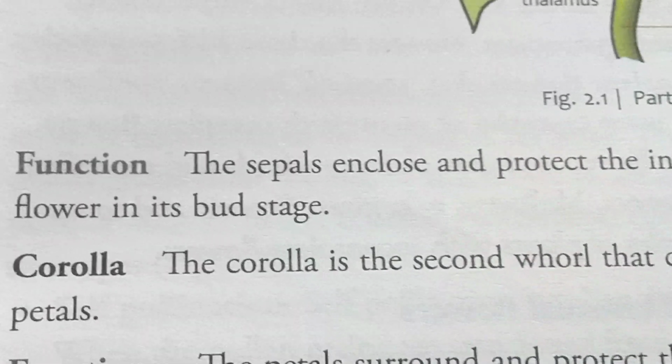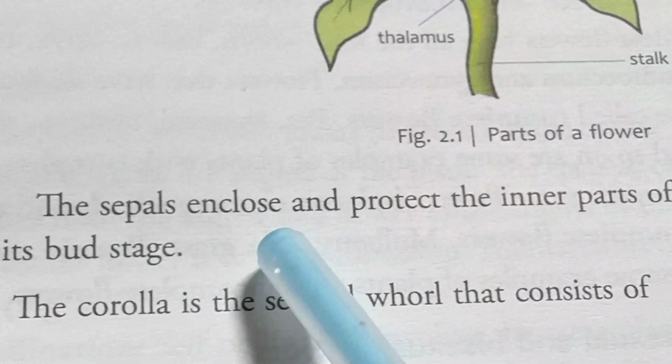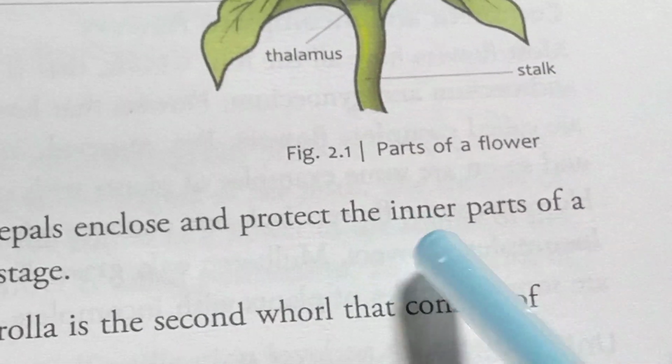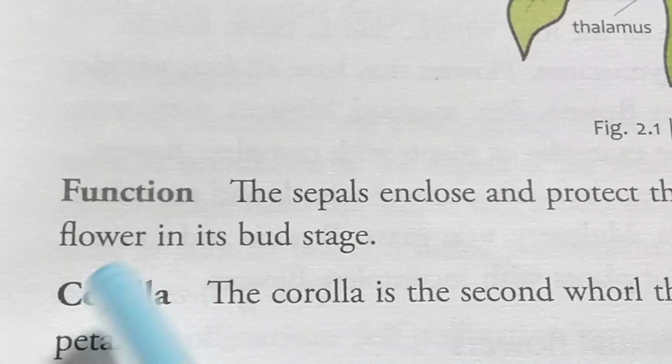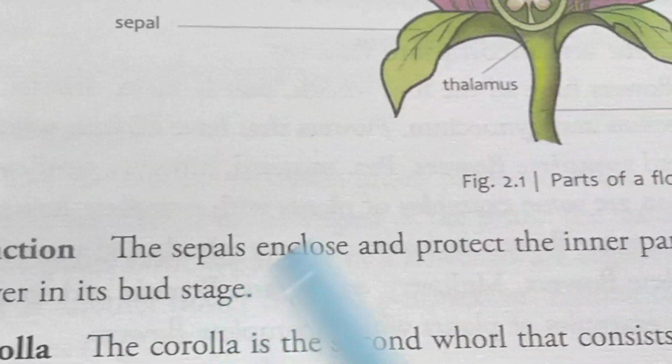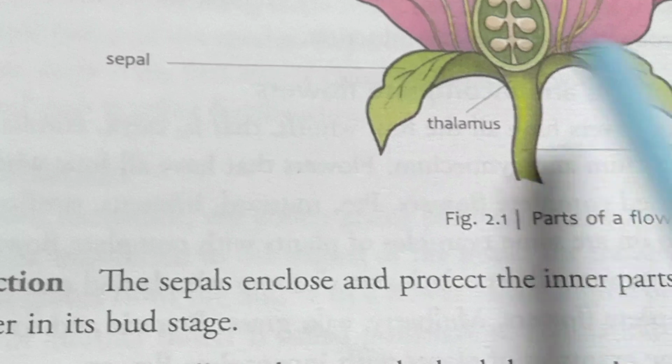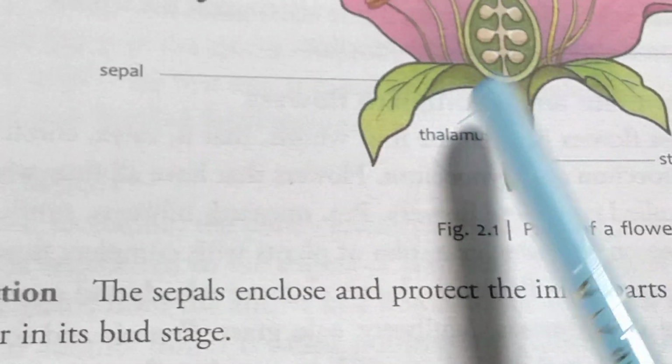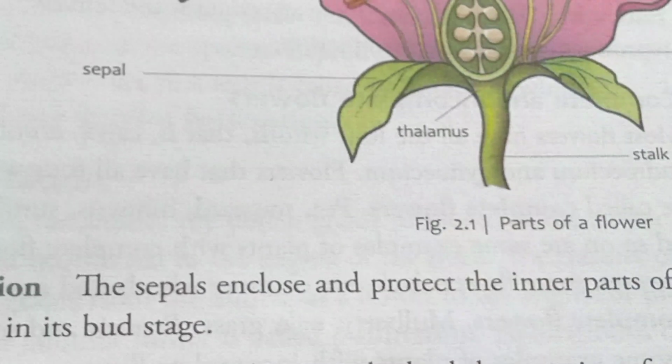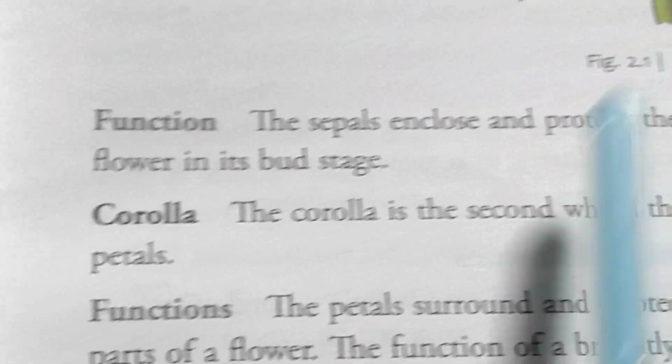Next, function. The sepals enclose and protect the inner part of the flower in its bud stage. So basically the leaf-like structures, also known as sepals, help to protect the inner part of the bud in the bud stage.